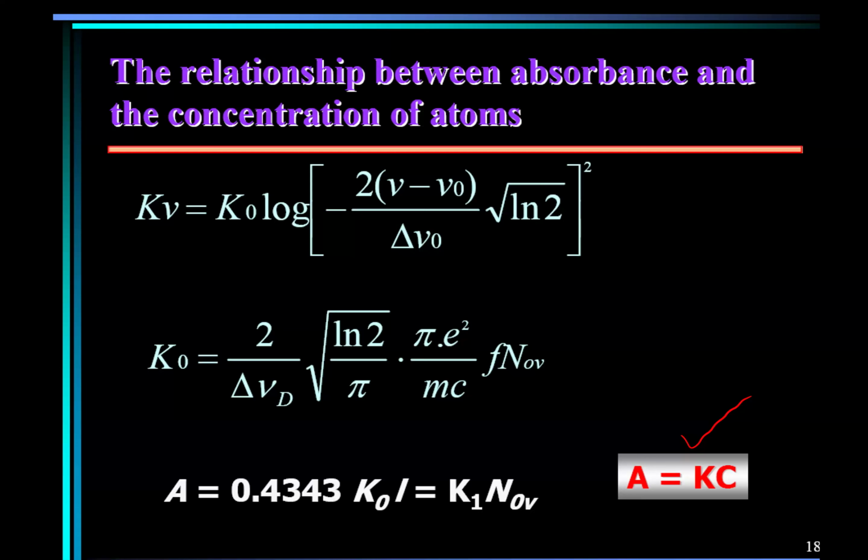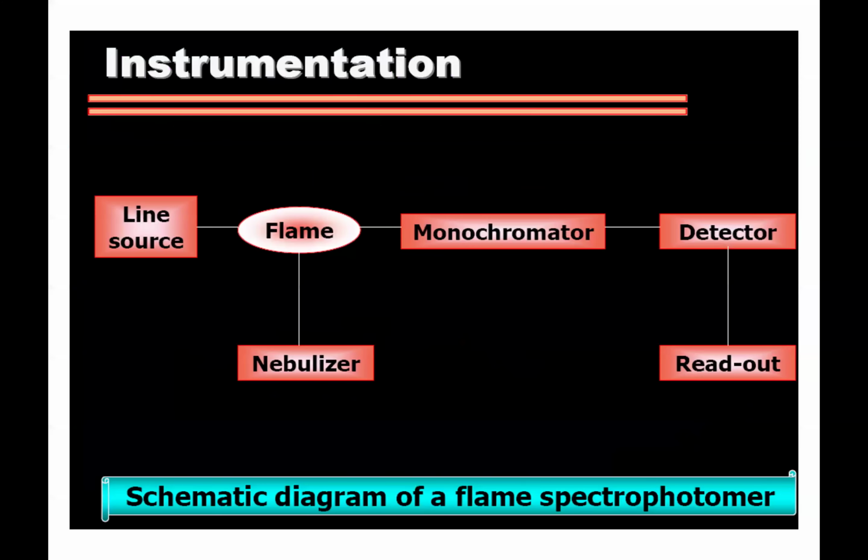He came up with a hollow cathode lamp, and a hollow cathode lamp is central to measurements in AA. Okay, I've talked about that, given you some history, given you important facts about what it did. And therefore, the other thing that we need to be aware of is the instrumentation. We have a line source, and what's the line source there for?